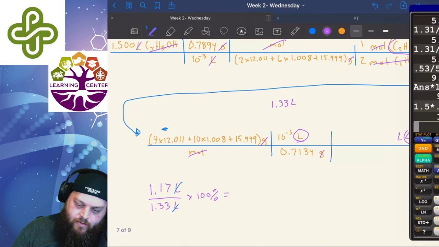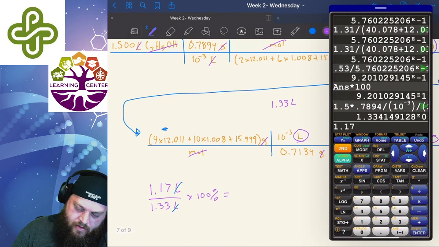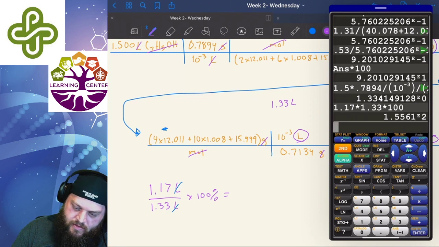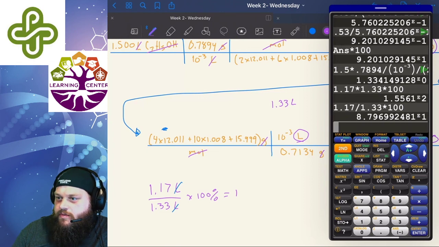That gives us our percent yield, 1.17 times 1.33 times 100 is equal to 100. I did a multiplication there. Whoopsie. Let's grab that again. I should not have multiplied. I should divide because I got a value much larger than 100%.